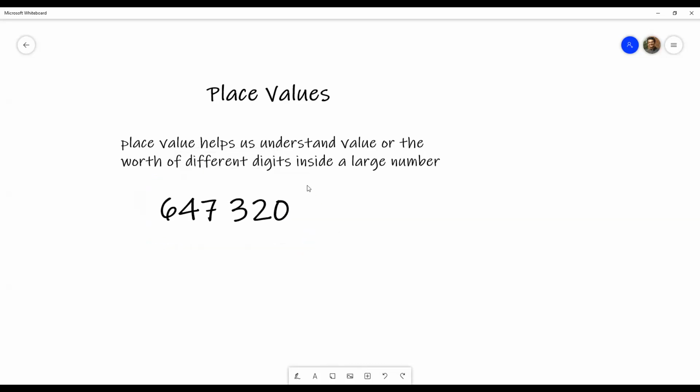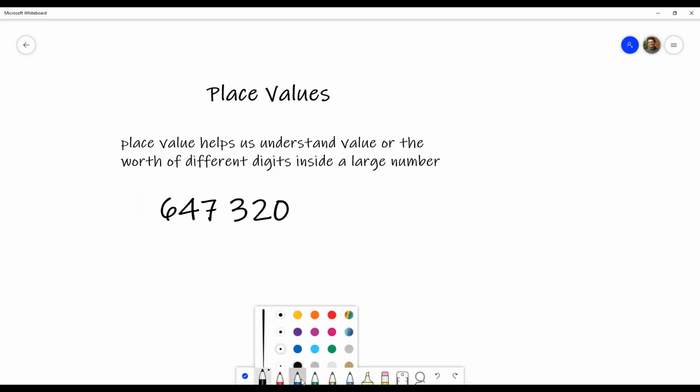It's the way the digits and their values work. I'll be using a blue one. It helps us understand the value or the worth of different digits.